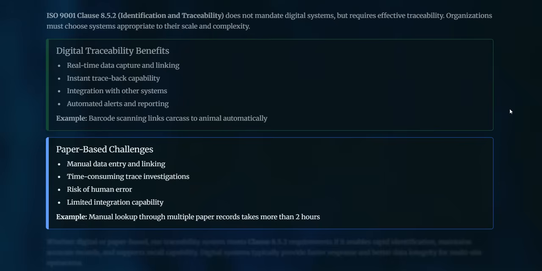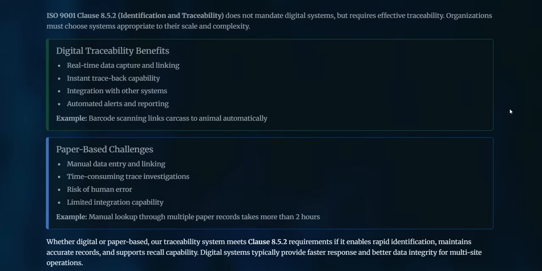The challenges of paper-based traceability include the following: manual data entry and linking, time-consuming trace investigation, third, risk of human error, fourth, limited integration capabilities. An example of a paper-based challenge is manual lookup through multiple paper records that can take more than 2 hours. That is our target, right?